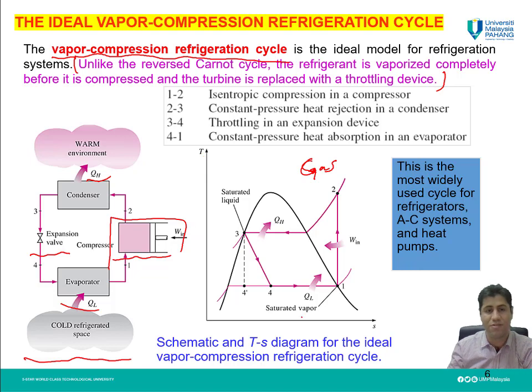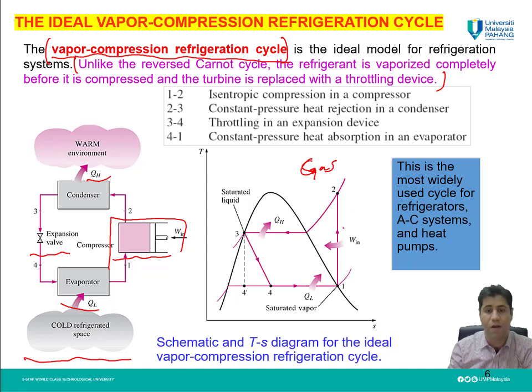Now let's see this vapor compression refrigeration cycle in the TS diagram, which is important. From now on, we will only discuss this cycle for refrigerators. The TS diagram for this cycle is like what you can see in this figure. From state 1 to state 2, we have an isentropic process in the compressor.